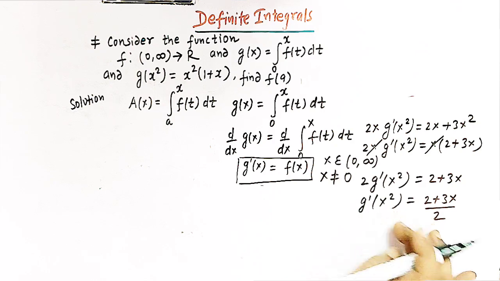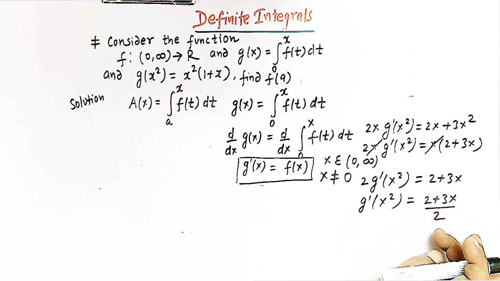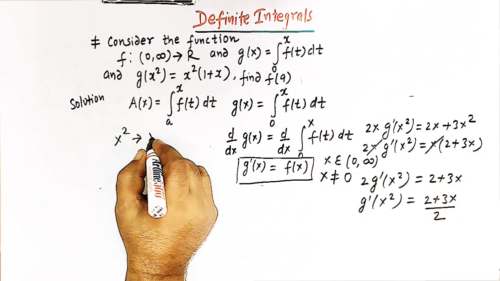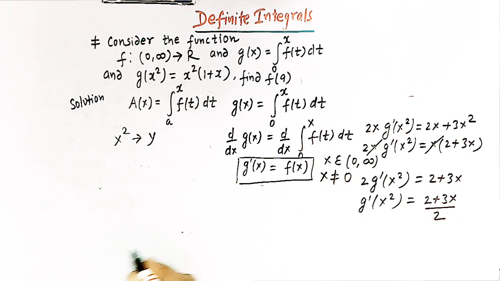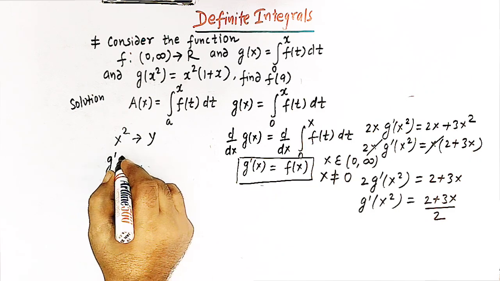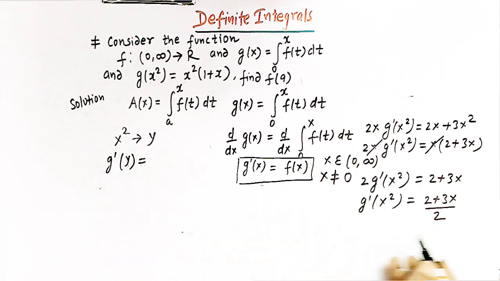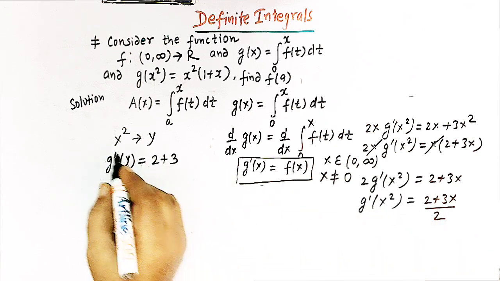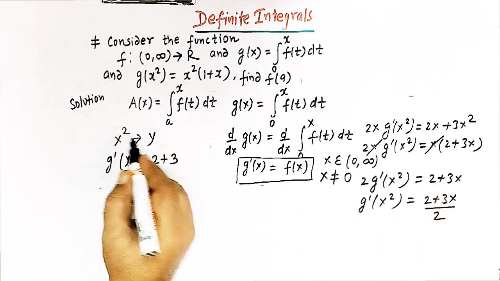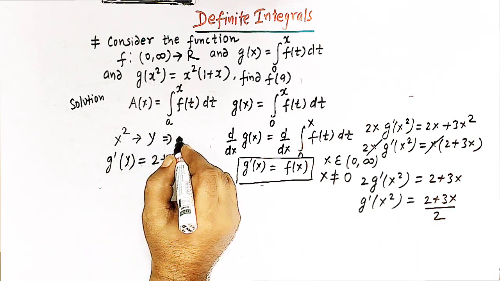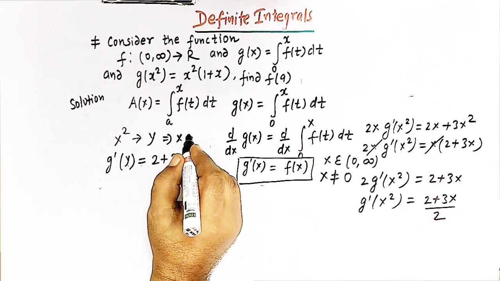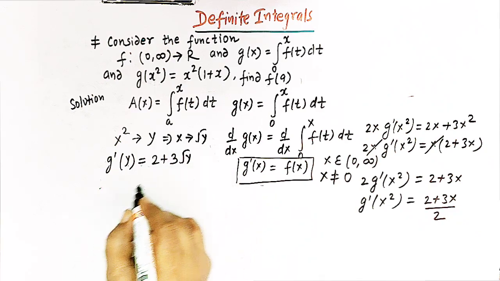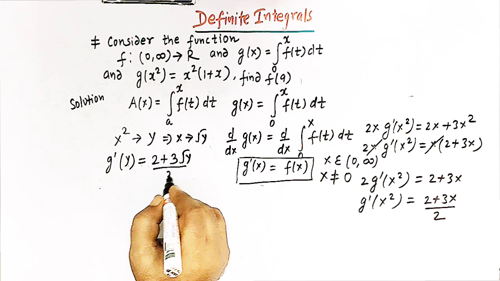Let us replace x square by some other variable, say y. When we replace x square by y, it implies that x is equal to square root of y, so we have g prime of y equal to 2 plus 3 square root of y, with 2 in the denominator.